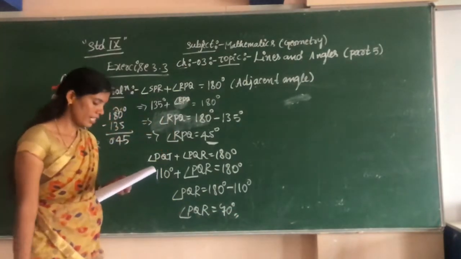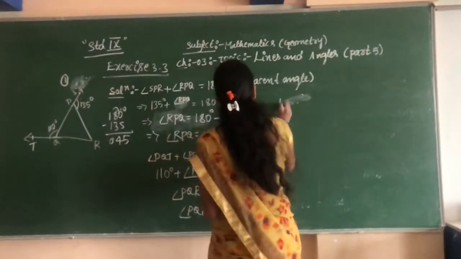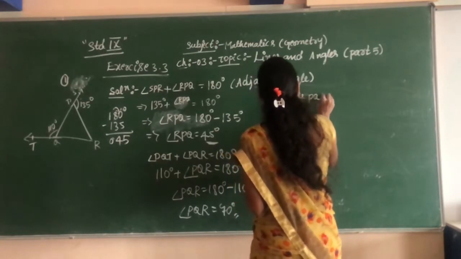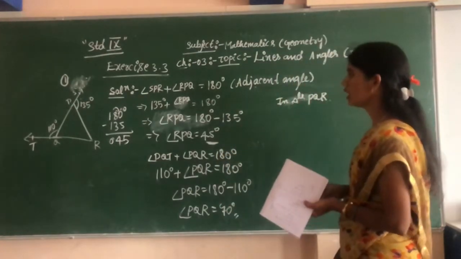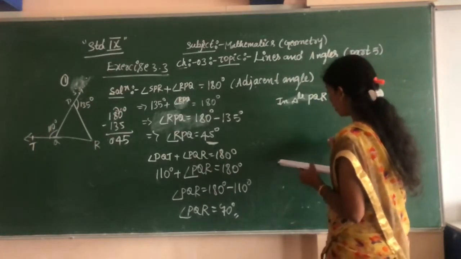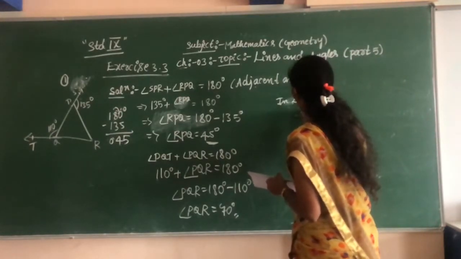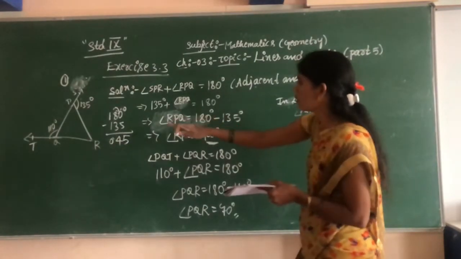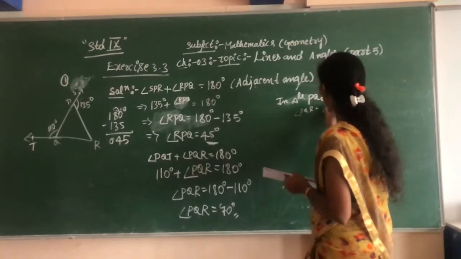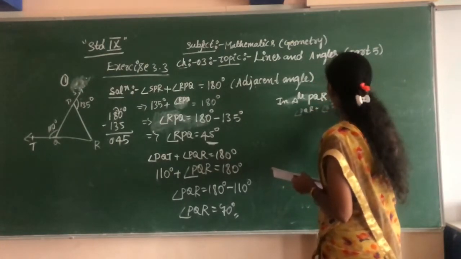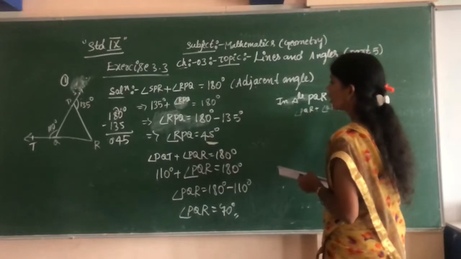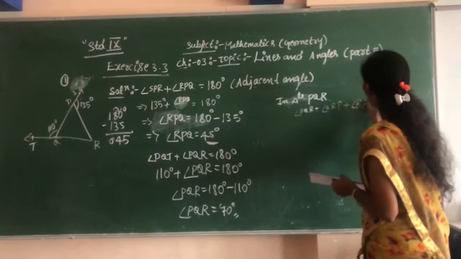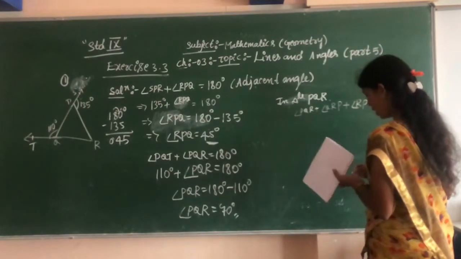Okay children, 70 degree. In triangle PQR, there are 3 sides and 3 angles. Angle PQR plus angle QRP plus angle RPQ is equal to how many? 180 degree.